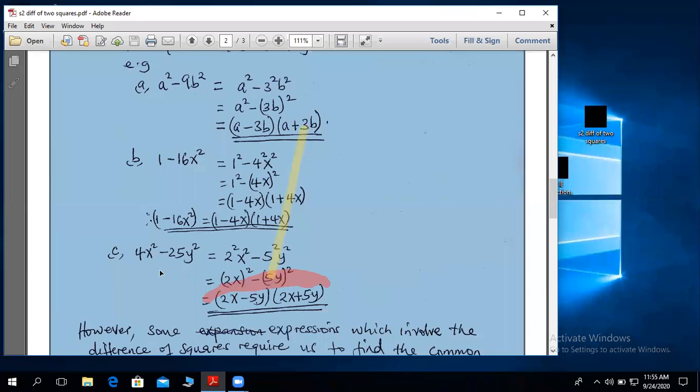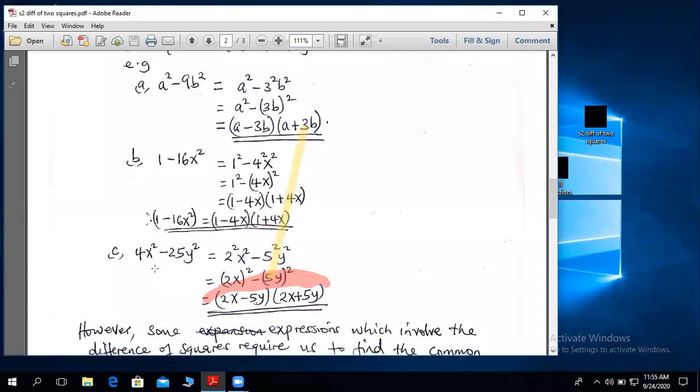Pay attention. Now, when you look at this, you should aim at creating a difference of 2 squares. A difference of 2 squares means you have two numbers which are all squared, but you are subtracting them.